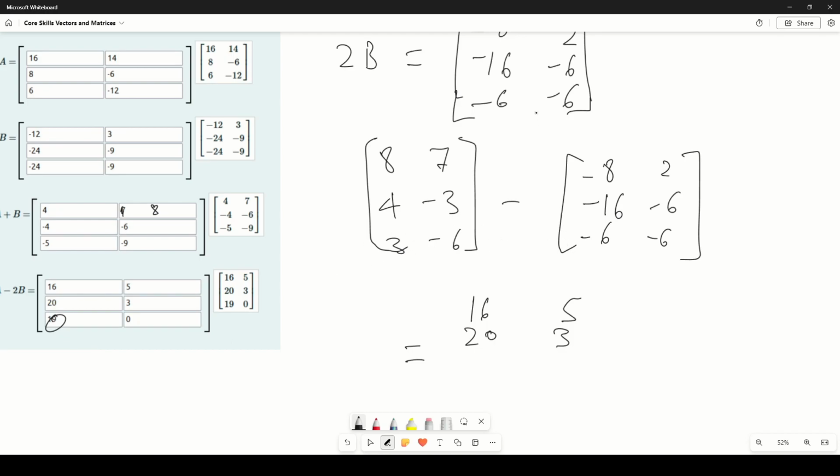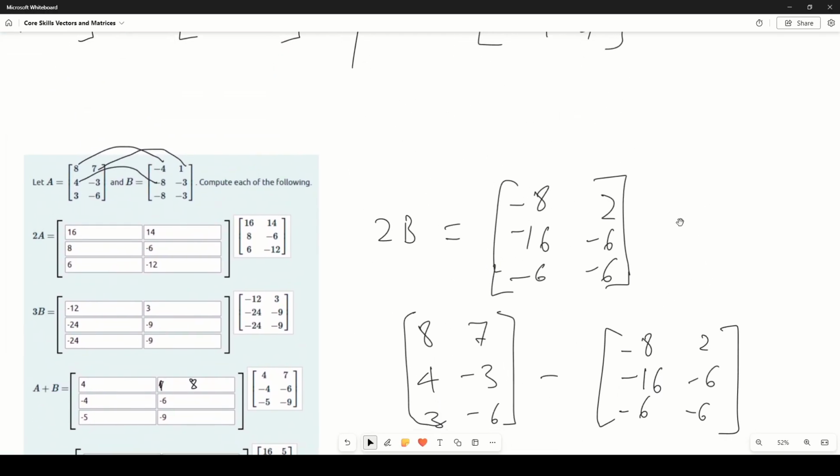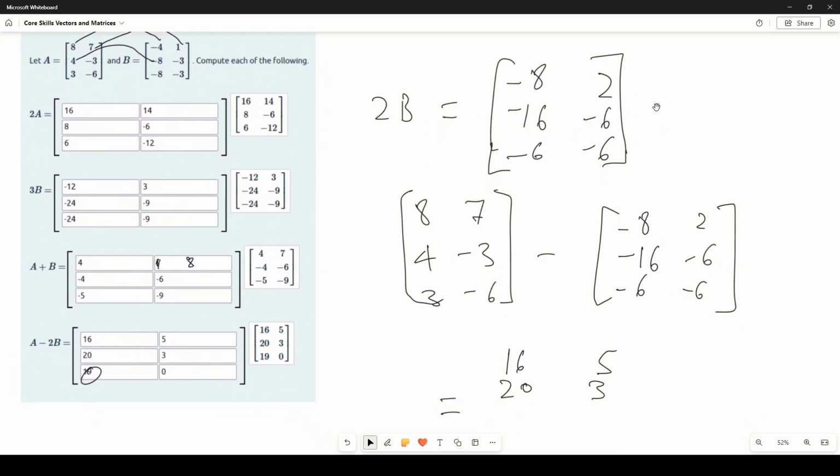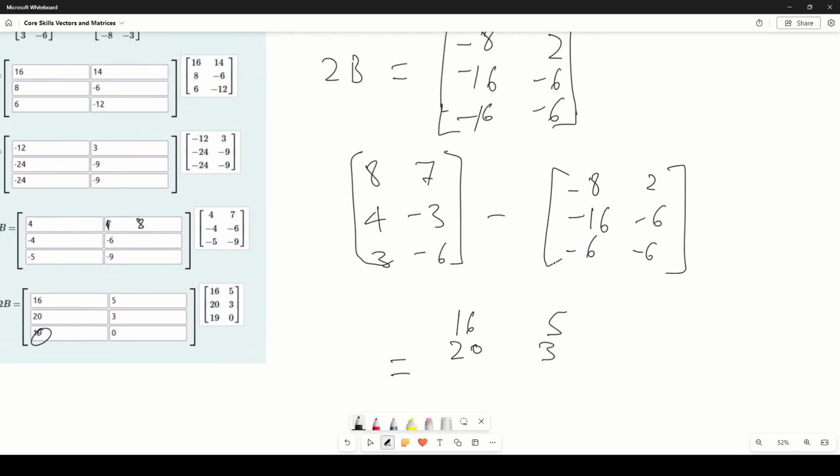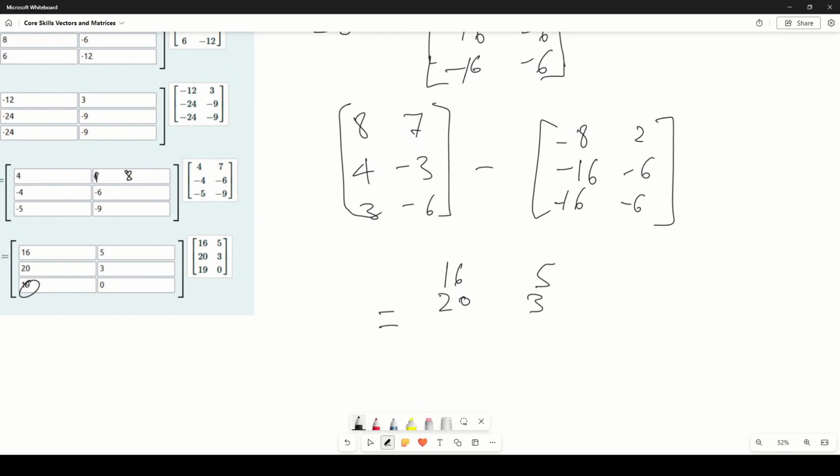That doesn't seem right. Have I done 2 times B correctly? No, I've not, have I? That's meant to be -16. See, I missed a single 1 over there. And that could have tripped me up right here. So we have 3 plus 16, which is obviously 19, that's right. And a 0. And that is the answer.